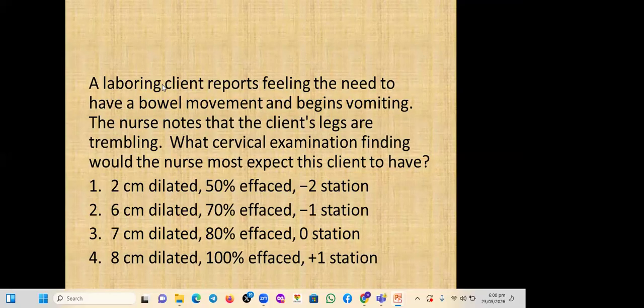A laboring client reports feeling the need to have a bowel movement and then begins vomiting. The nurse notes that the client's legs are trembling. What cervical examination findings would the nurse most expect this client to have?